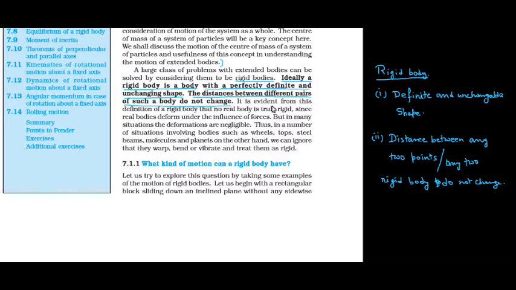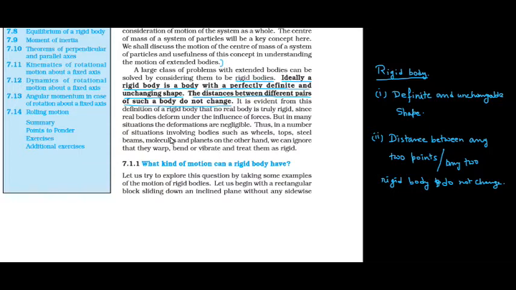It is evident from this definition of a rigid body that no real body is truly rigid, since real bodies deform under the influence of forces, but in many situations the deformation is negligible.